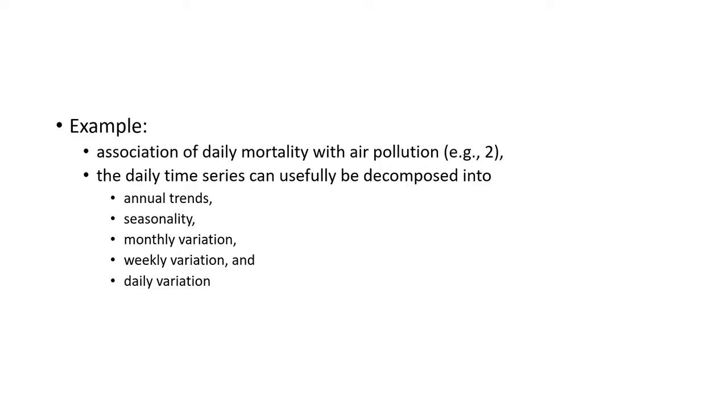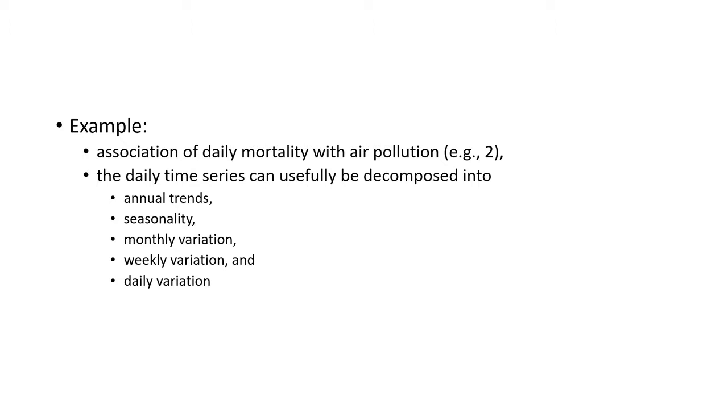If we look at one example, in this case, the association of daily mortality and air pollution. This kind of data, if you have a daily time series with data every day on the number of deaths and the level of air pollution, you take every day, then every week, every month, and a few years, you can see the annual trends.